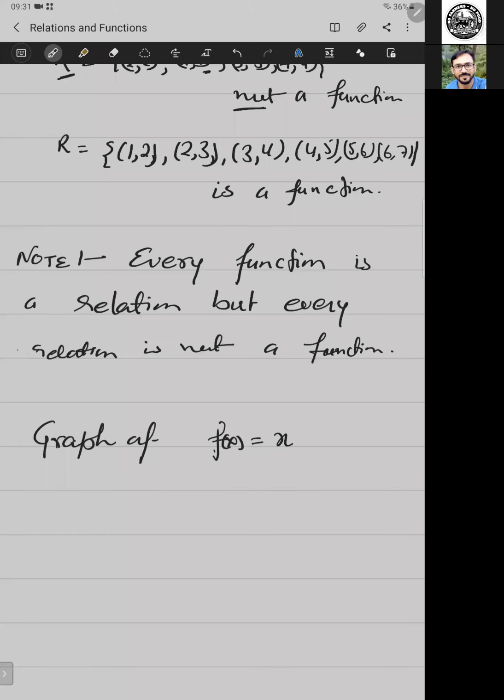We are making the graph of f(x) = x. f(x) can also be said as y. y = x, its graph we are making.